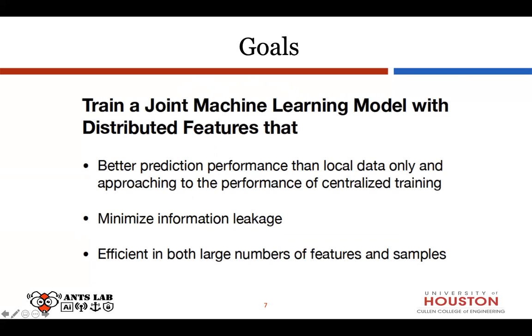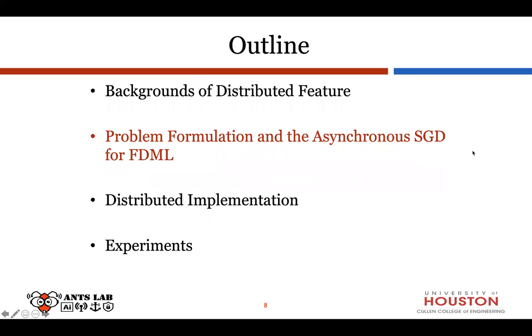And in the training process, they want to minimize the information leakage, which means they want to keep the local features and the local model parameters private. And also their method is efficient with both large numbers of features and data samples. And next, let's see the problem formulation of their proposed method and the corresponding asynchronous SGD optimization method.